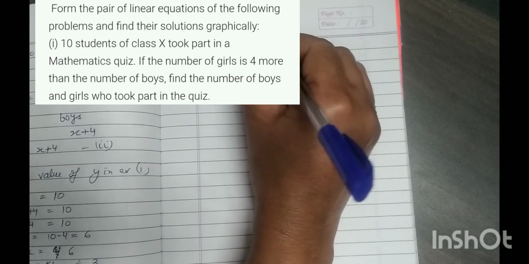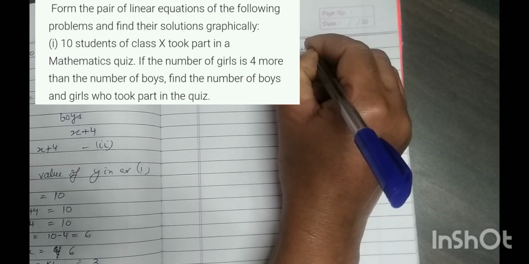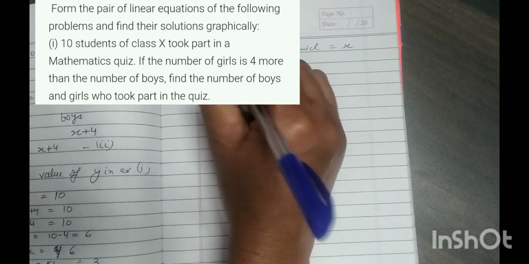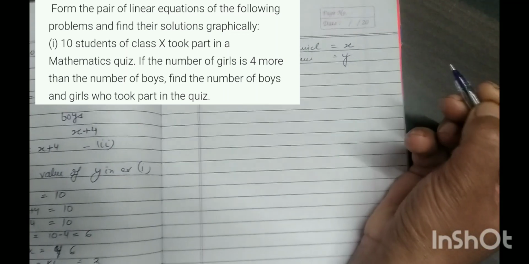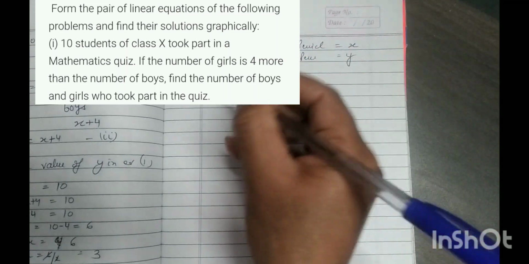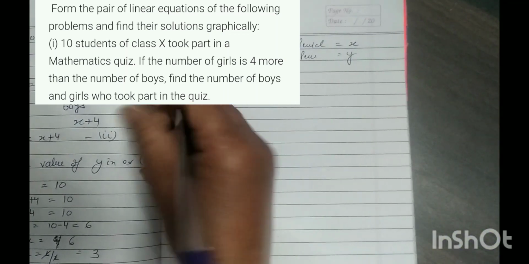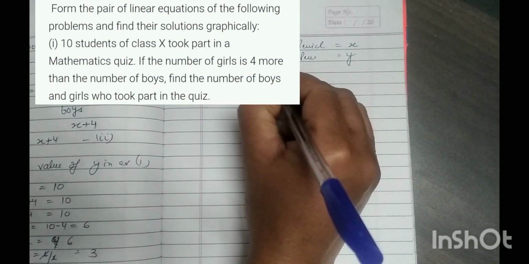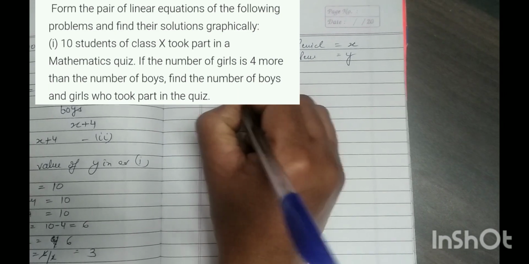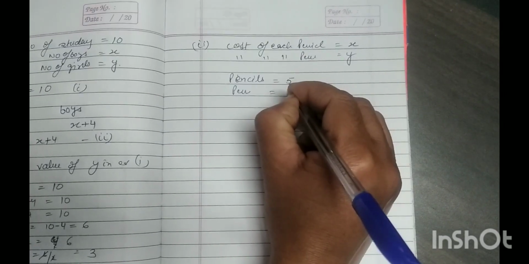Suppose the cost of each pencil is x and the cost of each pen is y. So first equation: pencil is 5 and pen is 7.